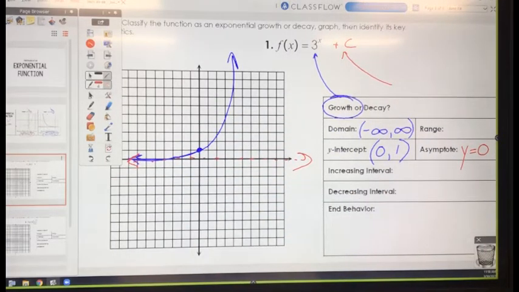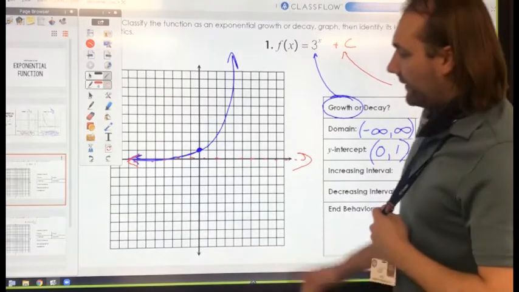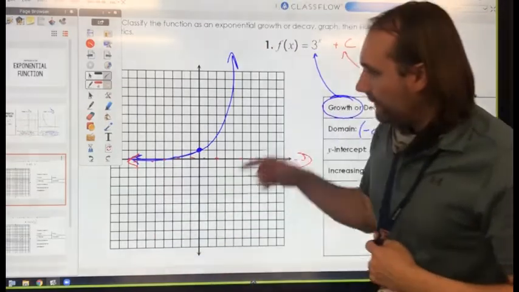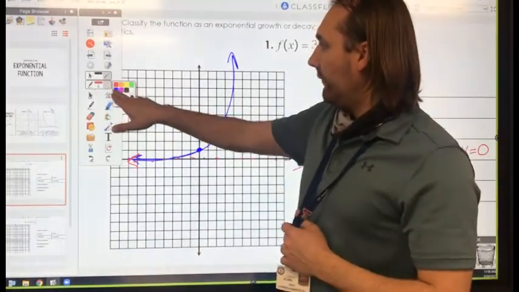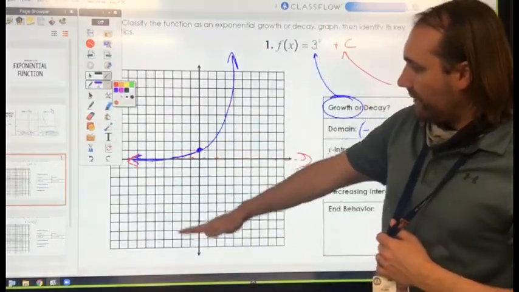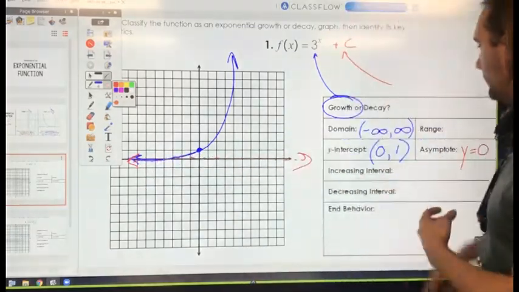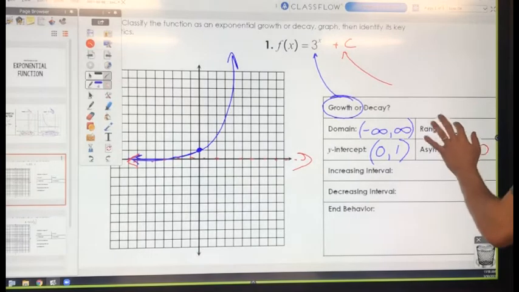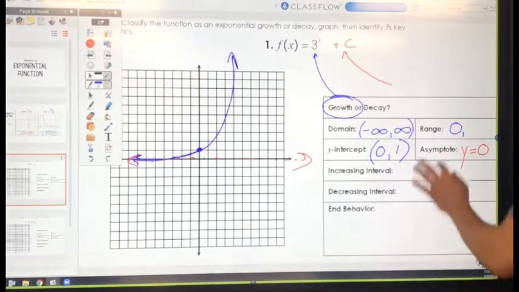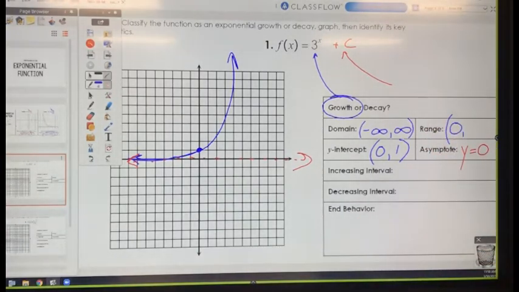Now that asymptote will affect my range. So as I see here with this graph, I have no negative numbers. So what would be the first starting point of my graph? At what value? At 0. Am I equal to 0? No. Because 0 is my asymptote.